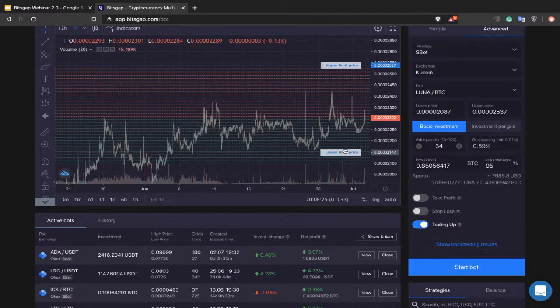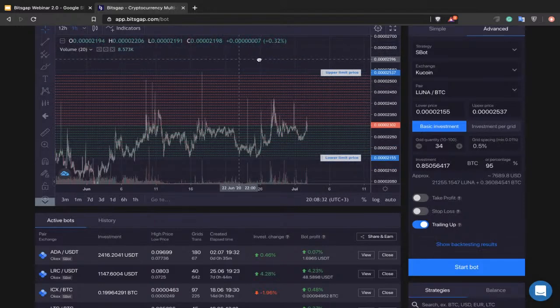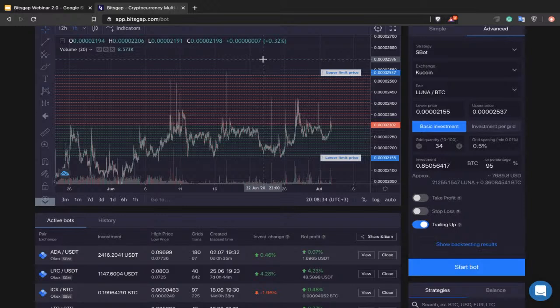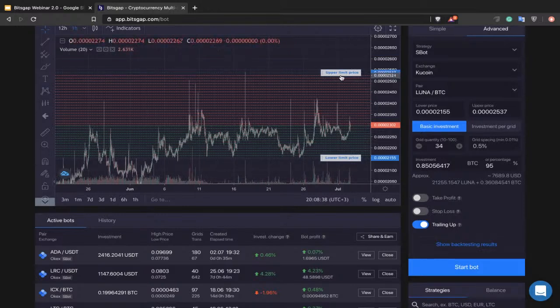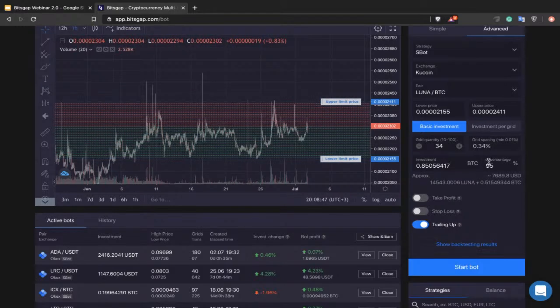Because remember, on the sideways market, our bots are optimized to achieve highest returns comparing with a simple hodling strategy. So I would plot my upper limit price somewhere over here, defined by these spikes. I want to have more grid levels placed within this trading range.